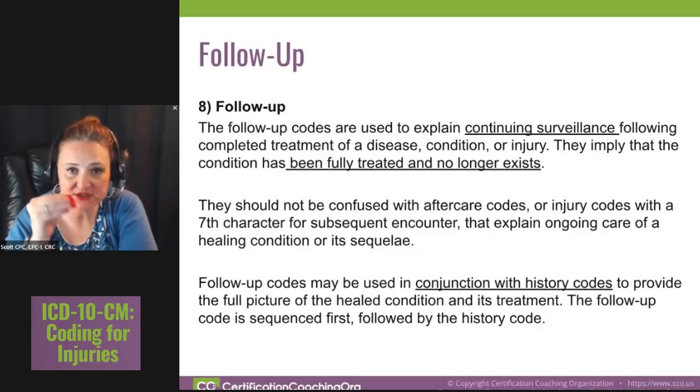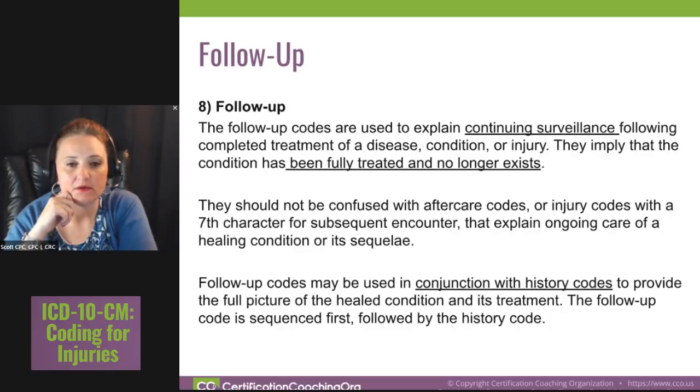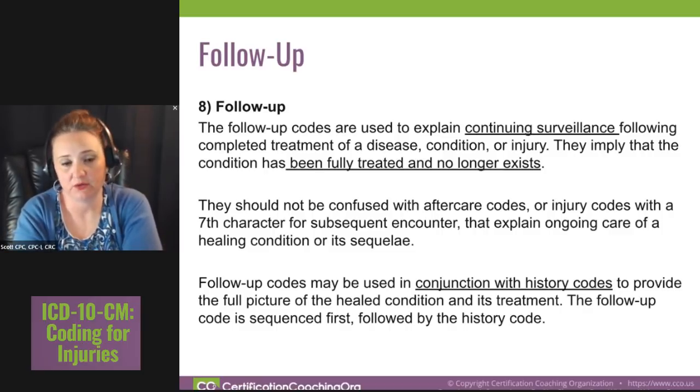So subsequent care means we're still in the healing process. If everything's healed up, no other treatment, but the doctor wants to see the patient, then that would be considered a follow-up. And if there's no sequela, no problem, then we're good. When you have follow-up coding, you're often going to see things like a history code.